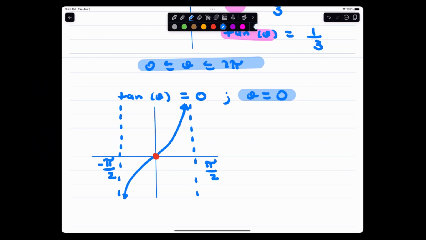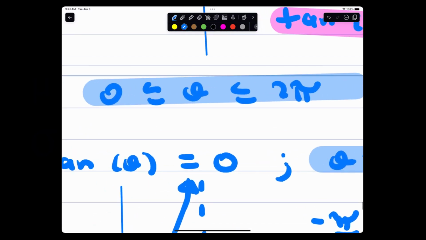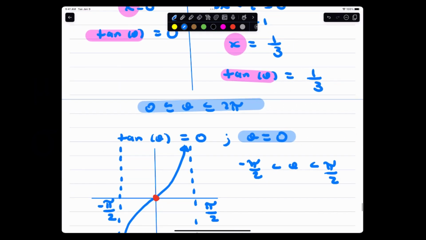But you guys remember about tangent, though? What's the deal with tangent? The domain is between negative pi over 2 and positive pi over 2. There's different solutions for tangent. Do you guys remember?